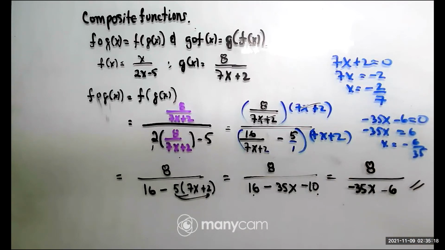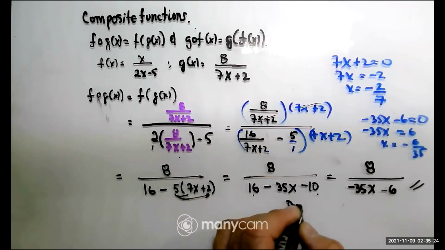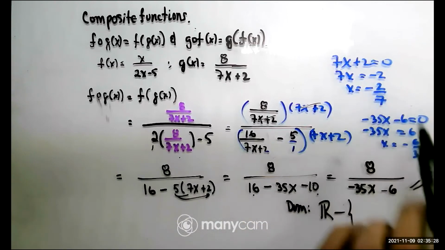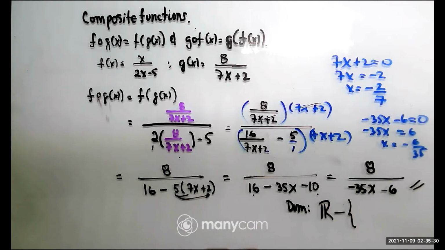So that's my second number. So what can we conclude? That my domain is given by all real numbers except negative 2/7 and negative 6 over 35. And we are done. We have our final answer and the domain.